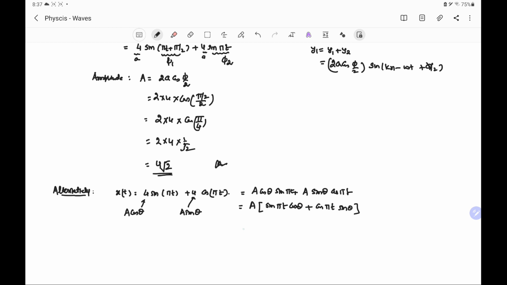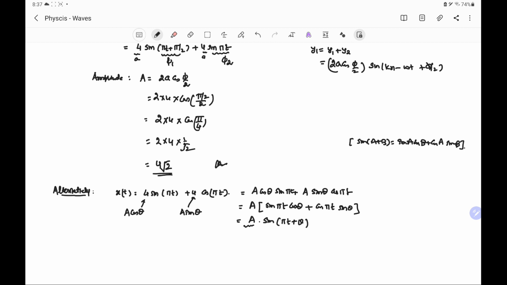Using the trigonometric relation, formula sin(a plus b) equals sin a cos b plus cos a sin b.